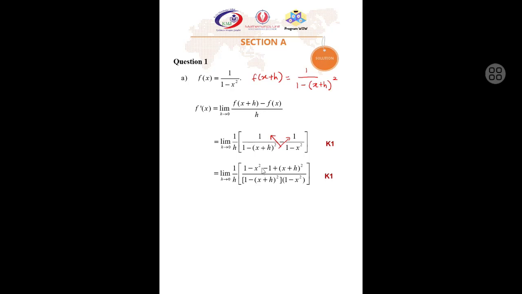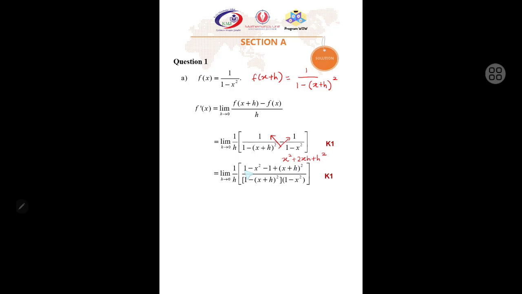Then you simplify the numerator. To simplify this numerator, first you need to expand this quadratic. You will get x squared plus 2xh plus h squared.